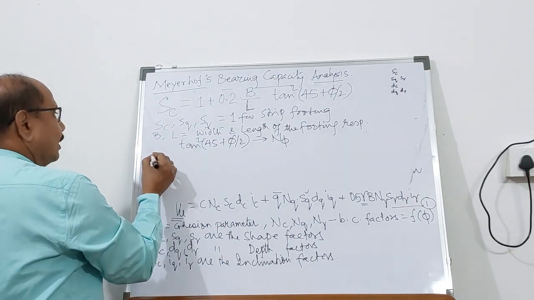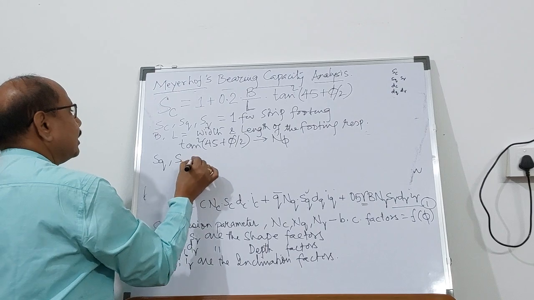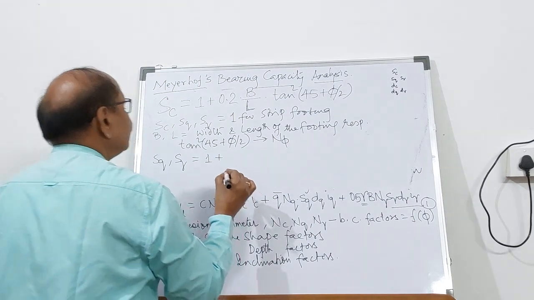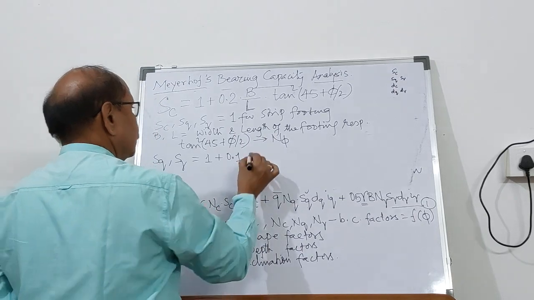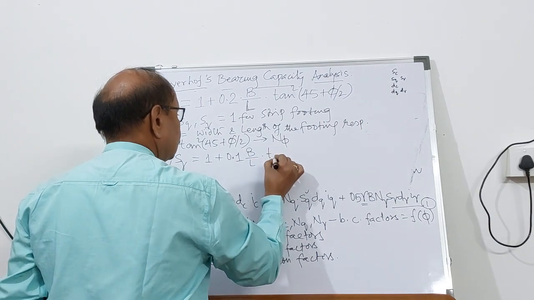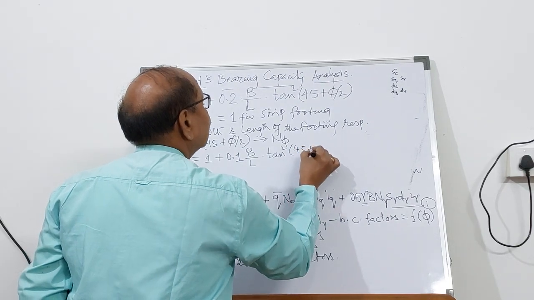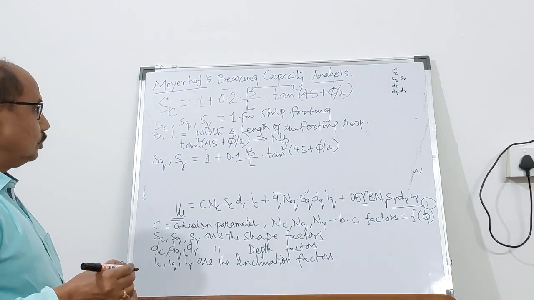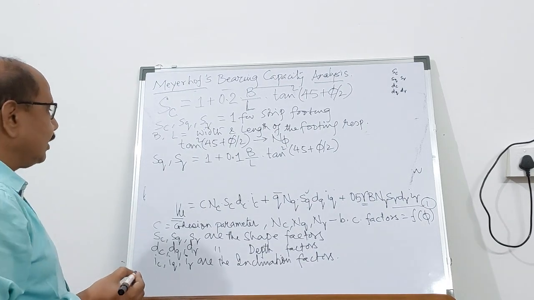Then the other shape factors, S q and S gamma, are given as 1 plus 0.1 B by L into tan square 45 plus phi by 2. So all the shape factors you are in a position to calculate.